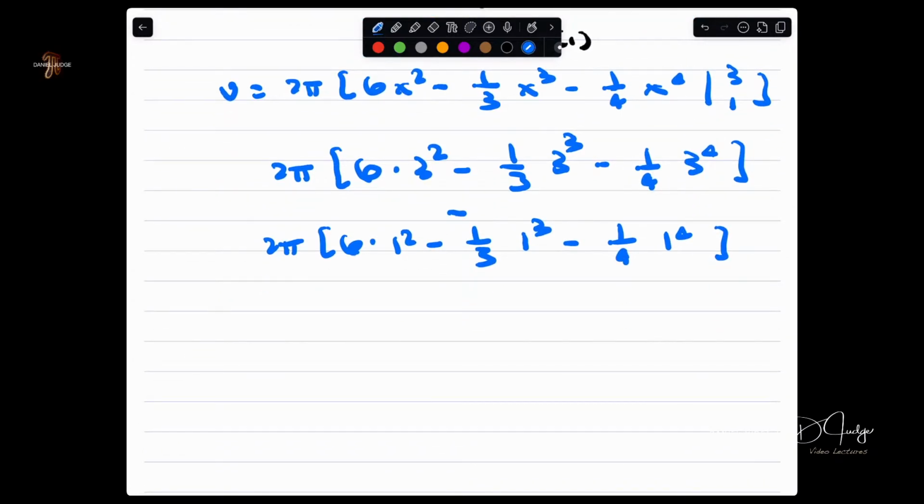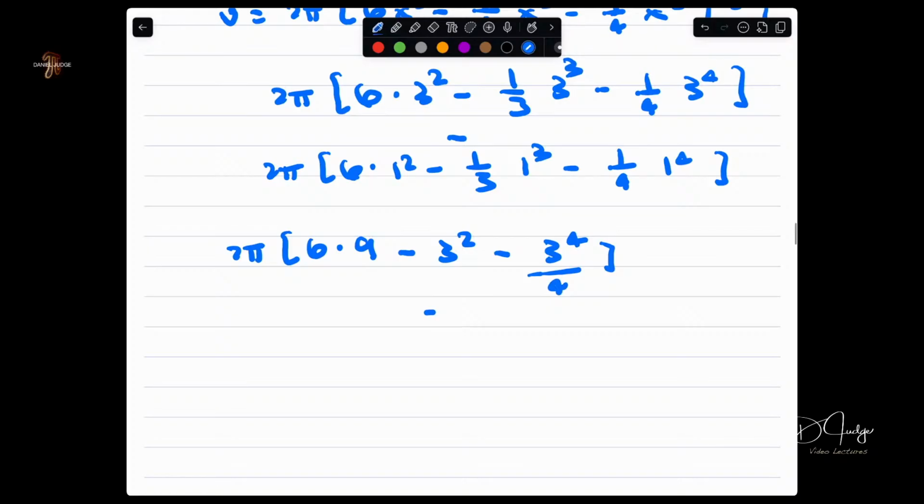Okay, so let's try some of this out. 2 pi now. We got 6 times 9 minus, this is actually going to be minus 3 cubed. Then minus 3 to the fourth over 4. Minus 2 pi. 6 minus 1/3 minus 1/4.